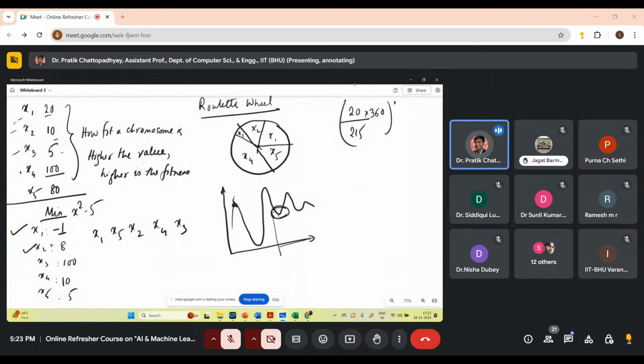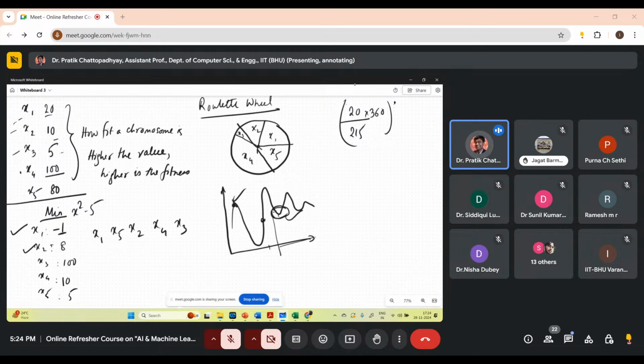When we do crossover next, we have the chance of fusing this solution and one of these solutions to get something in this range. We will generate a new solution in this range, so we have some chance of going towards the global optimum. The roulette wheel gives us that chance. Here also we have more probability of selecting the better solutions, but we also have a very small probability of selecting the bad solutions. That is, the chromosome with fitness 5 can also get selected, but with a very low probability.